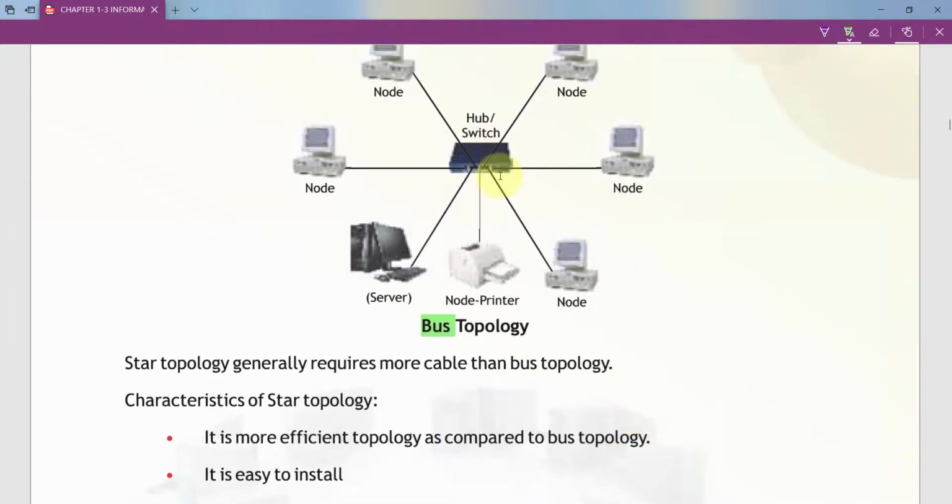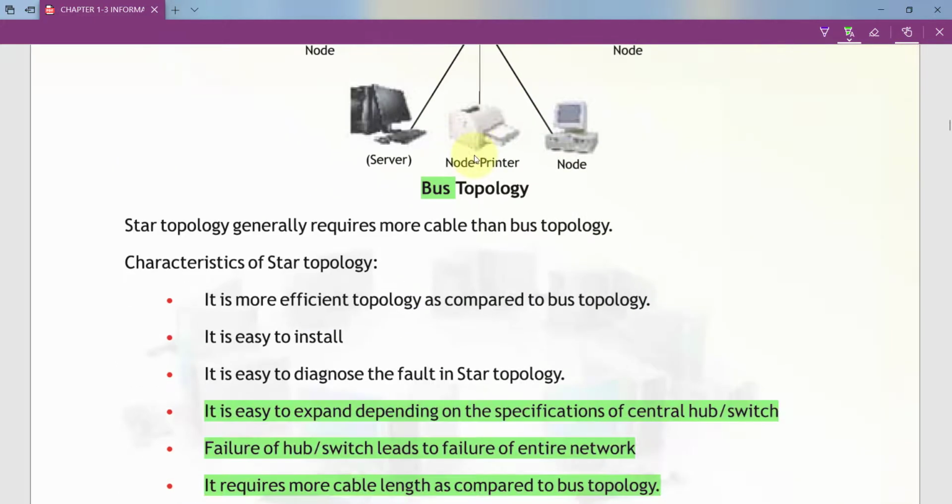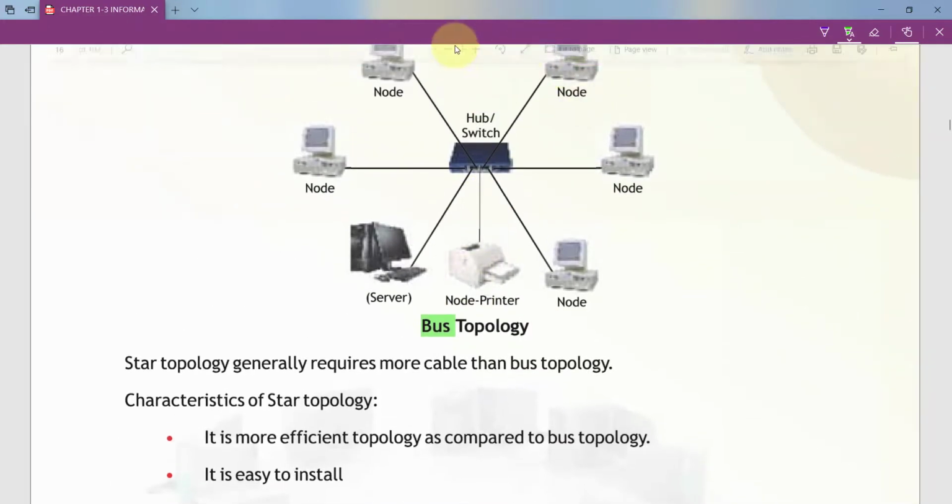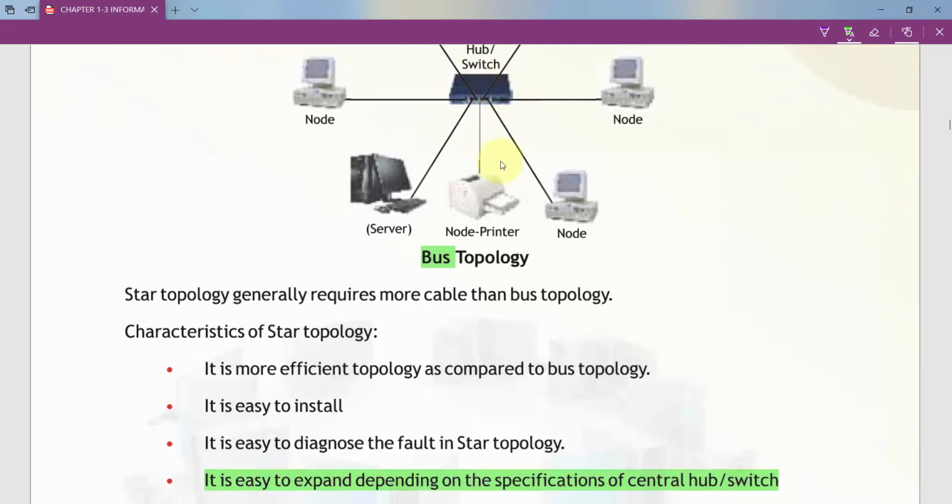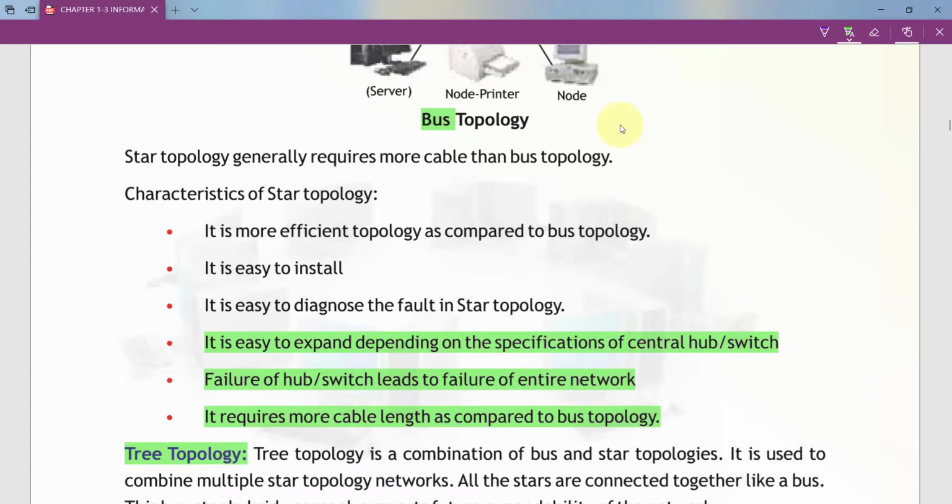Means if the hub or switch fails, the entire network will fail, because the data and signal are transmitted into the hub or switch, then it will broadcast to others. So if the hub or switch fails, then the entire network will fail.